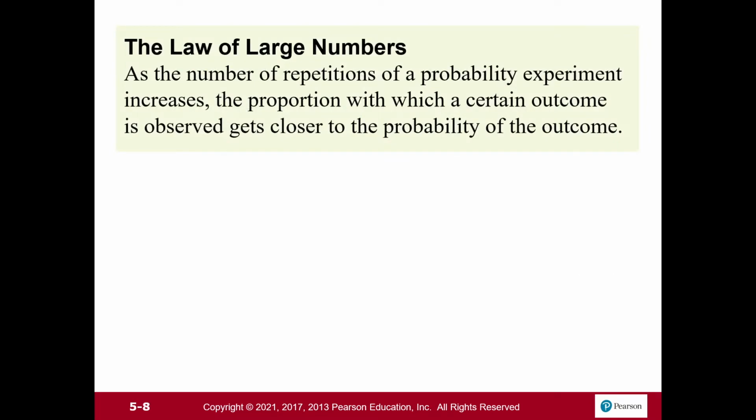So here's the law of large numbers. As the number of repetitions of a probability experiment increases, the proportion with which a certain outcome is observed gets closer to the probability of the outcome.